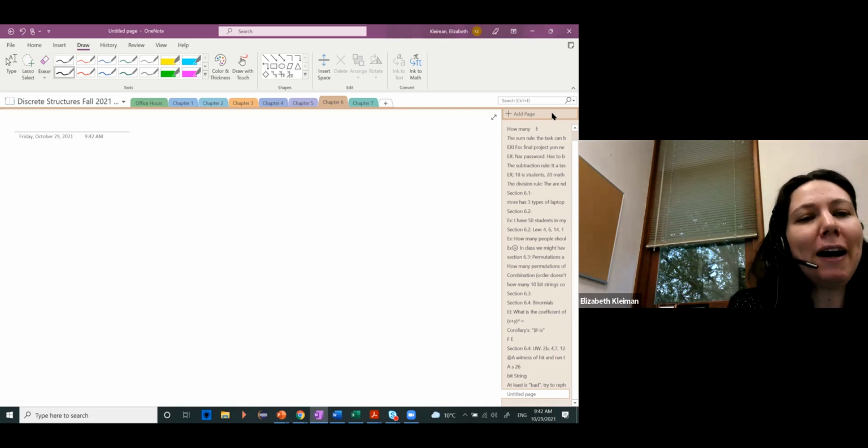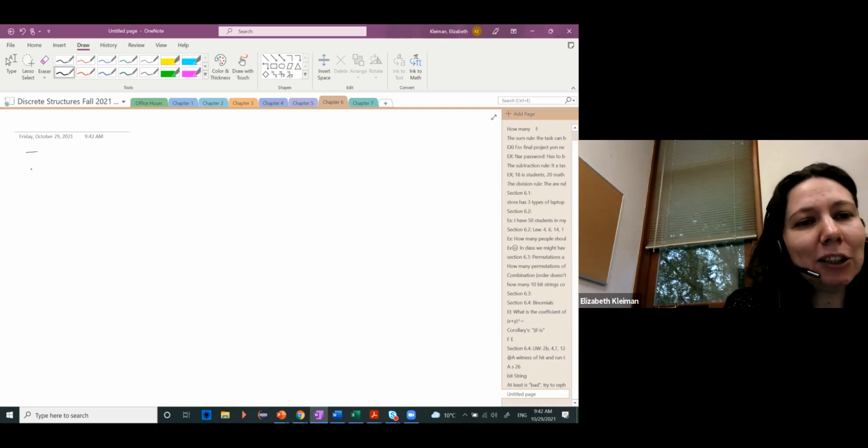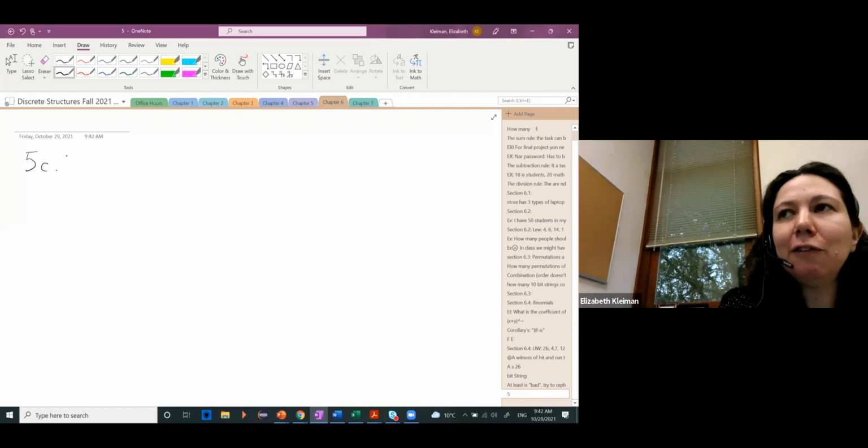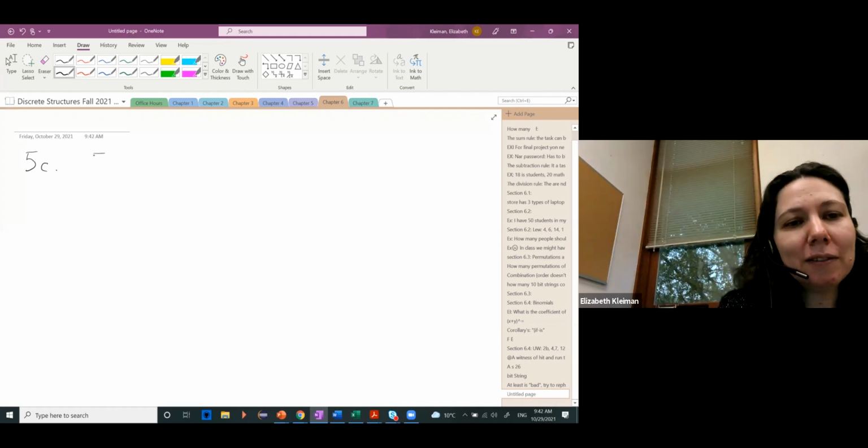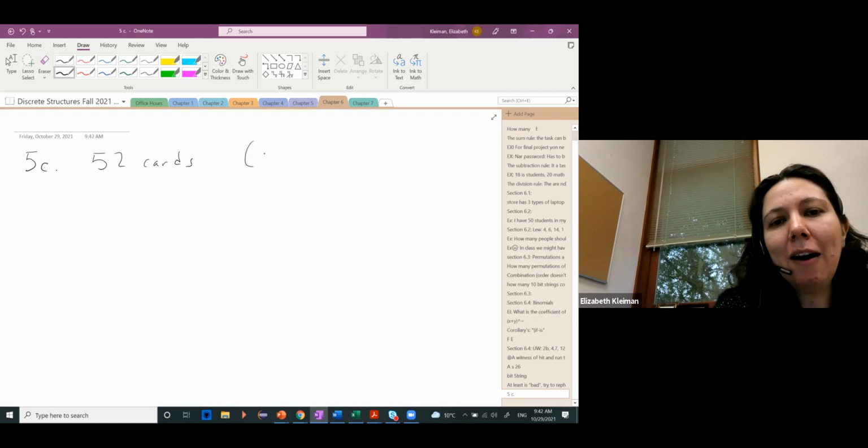So in problem 5C from the discussion, we have 52 cards. Now there are 4 suits, 13 of each. Yes.